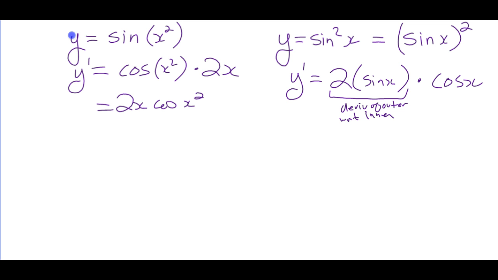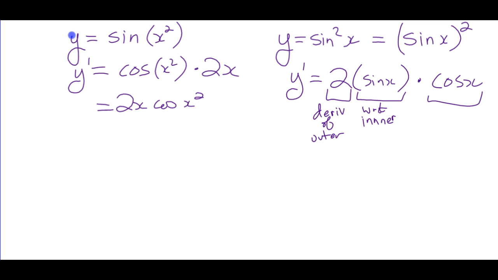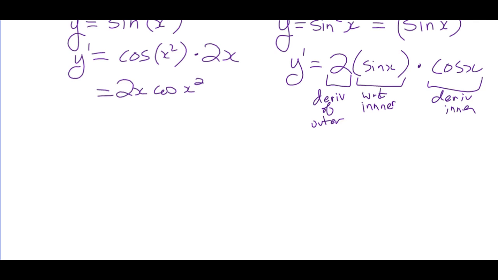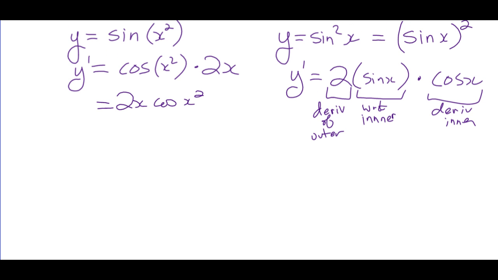Okay, and wait, let's be more specific. This is the derivative of outer with respect to the inner times the derivative of the inner. Okay, or just the chain rule, right? Got that?